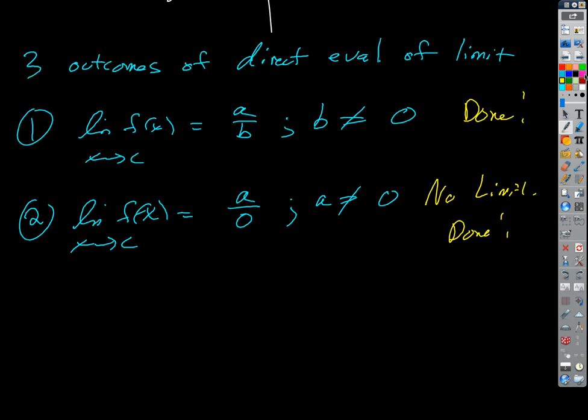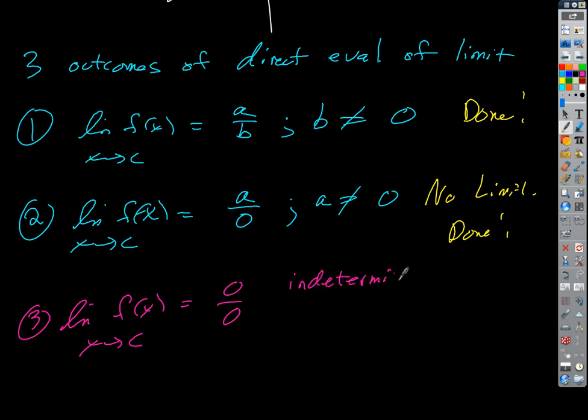The one that we're going to focus on is the third kind of outcome: 0 over 0. That's what we called indeterminate, and it means more work, because we have to eliminate the indeterminacy.